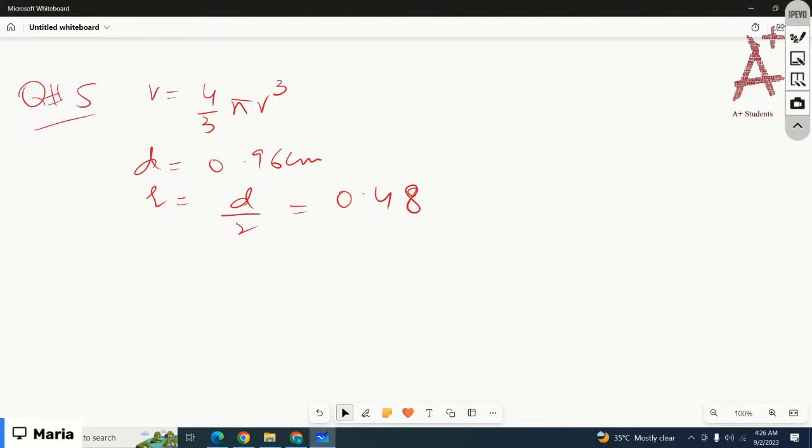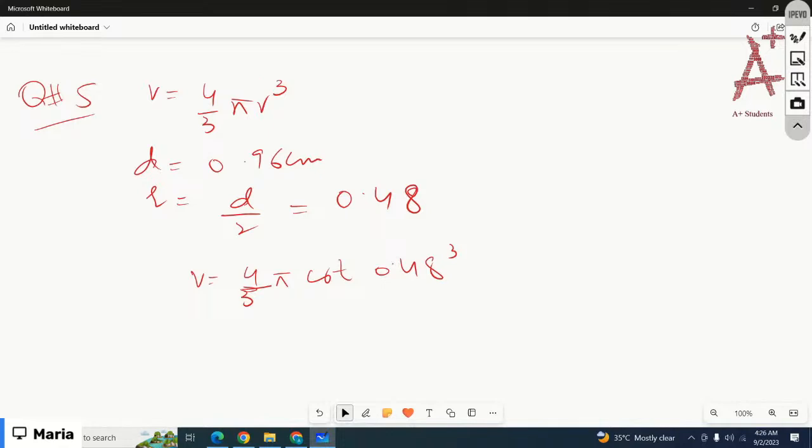So we have to then find the volume of a single ball bearing, right? It would be V equals 4 by 3 pi times 0.48 cube. Let's just evaluate.